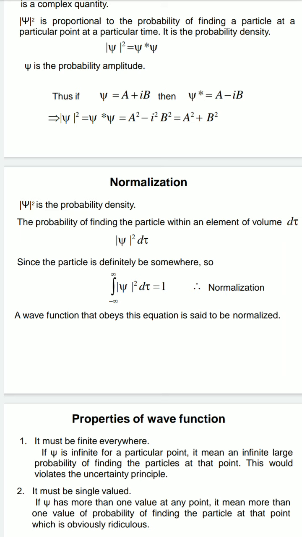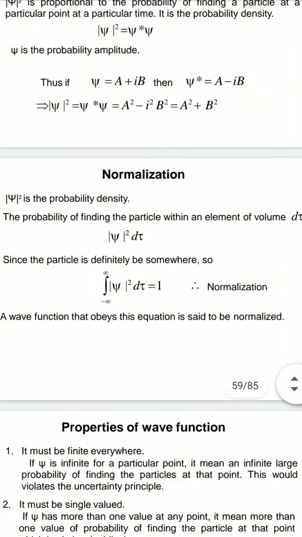If the integration of e raised to 2x from minus infinity to plus infinity is equal to 1, that means that wave function is normalized. So if you integrate e raised to 2x, what will you get? You just check.